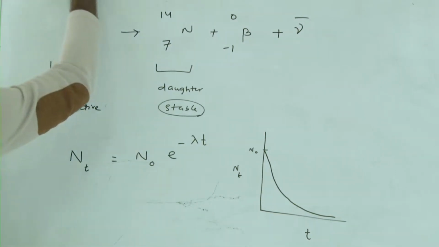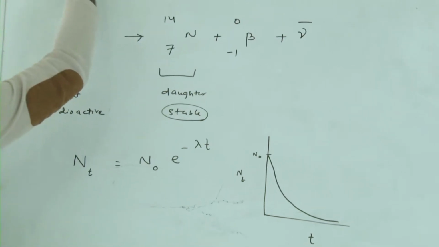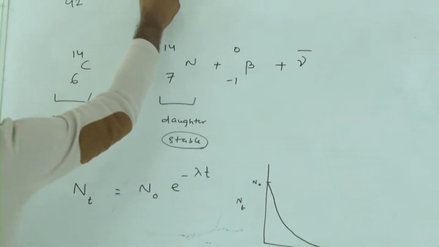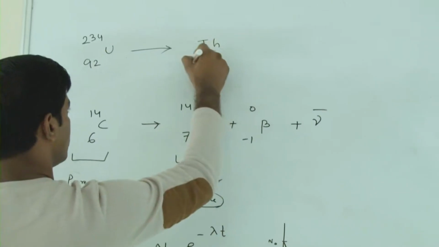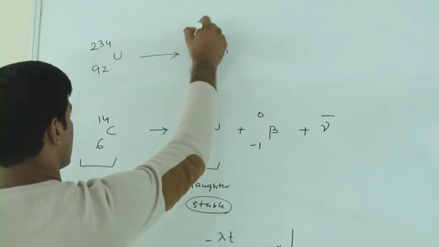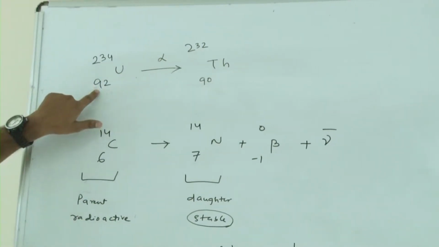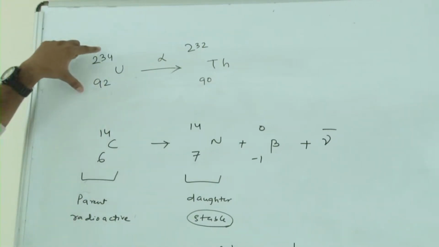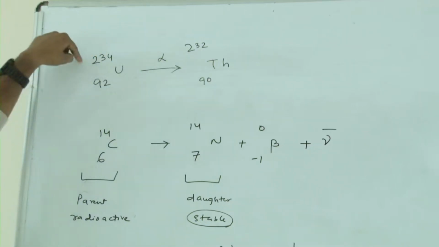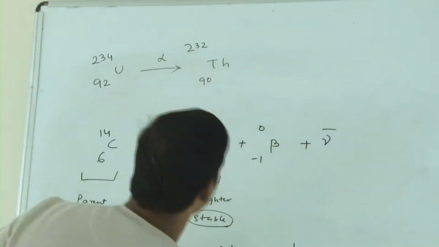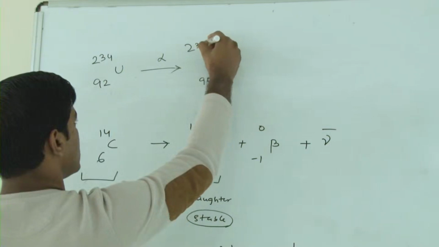To give you an example, let us say you have uranium 234, if that decays to thorium, of course, you can see that there is an alpha decay. So, there has to be 2He4, it is a helium atom. So, 92 became 90, and 234 became, this has to be 230.